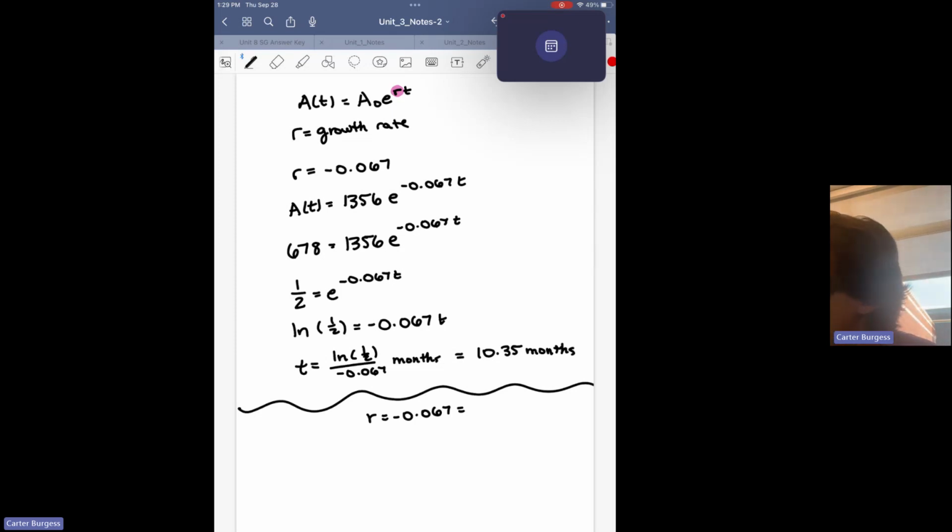R is also equal to ln of 1/2 divided by this t hat value, where t hat is just our half-life. And so we could also solve this equation for t hat, and that would work as well. I get that negative 0.067 times this t hat is equal to the ln of 1/2, and that t hat is equal to the ln of 1/2 divided by negative 0.067, which is exactly what we got before.